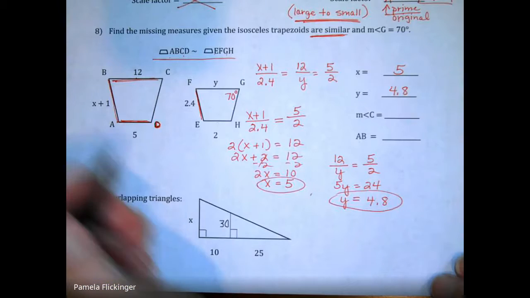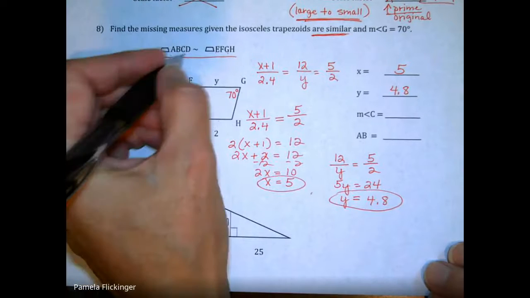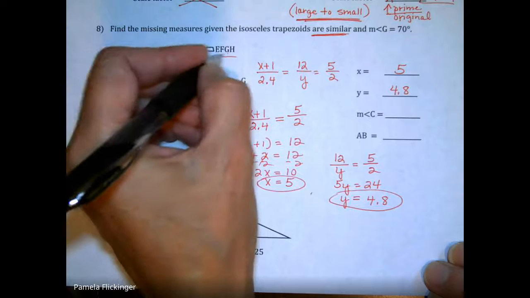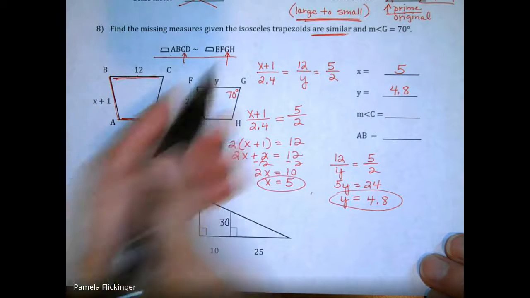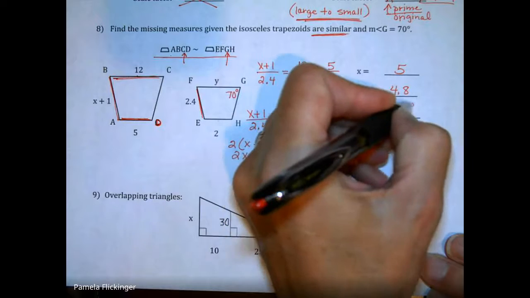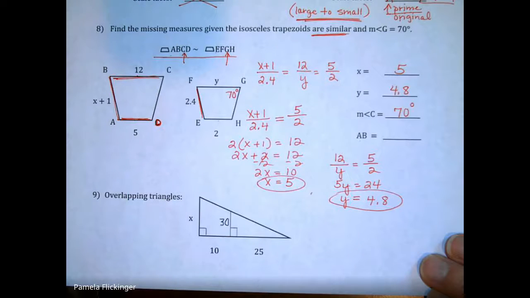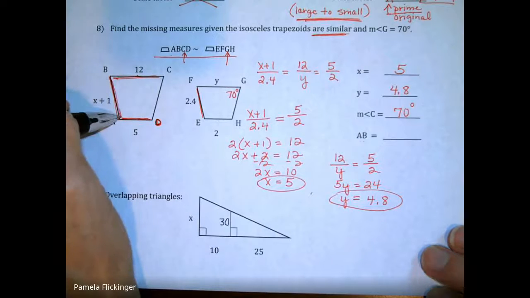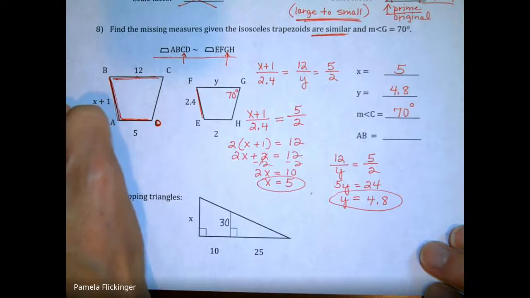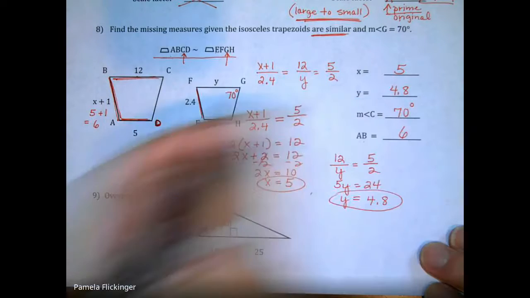We also want to find the measure of angle C. Using my pattern, C goes with G. Since we were told that angle G was 70, that's what angle C will be, 70 degrees. And then the length of AB is x plus 1, so I substitute in the x that we got, which was 5, and that ends up being 6.